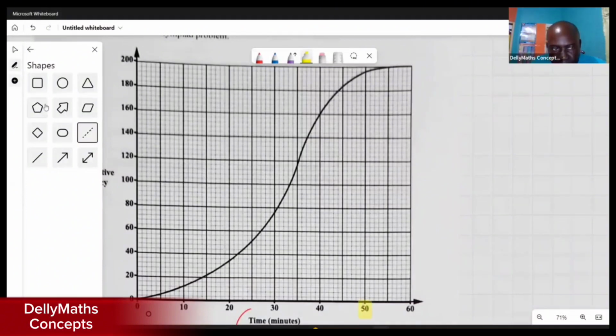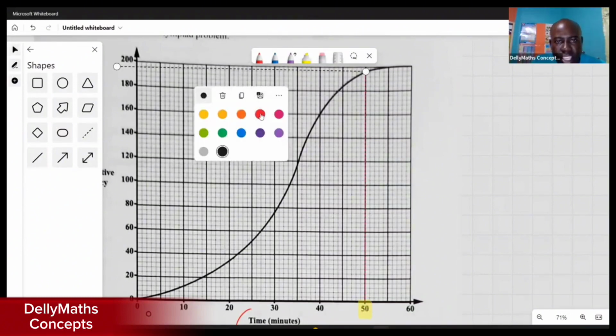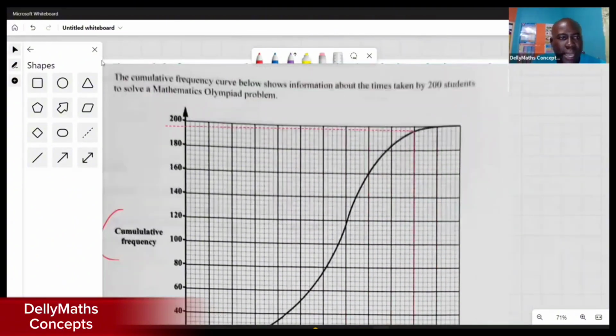And we're going to take this line up, all the way up, right there. And we want to bring it across to interpret how many students right there.